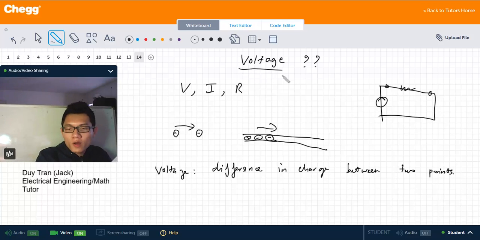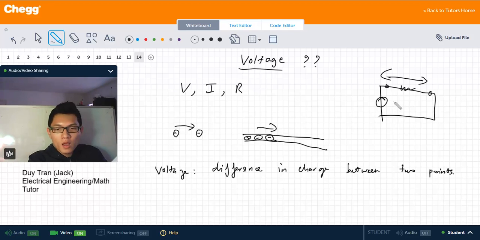So now we define the voltage as the amount of potential energy between the two points on a circuit. One point has more charge than the other, and this difference in charge between the two points is called the voltage, as I mentioned before.